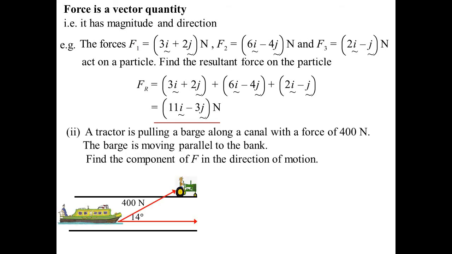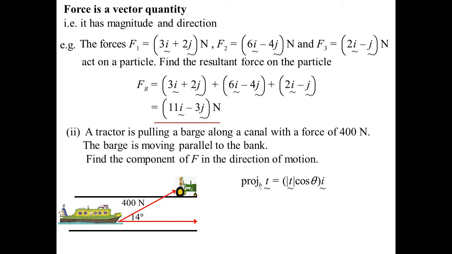A tractor, you like my tractor? The tractor's pulling a barge along a canal with a force of 400 newtons. We need to find the component of the force in the direction of the motion. So really what we're saying is we're going to project, I've called the vector that's at the angle T for tractor, so we're going to project T onto the bank, the horizontal one.